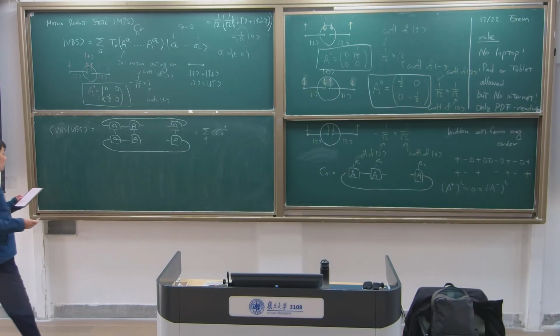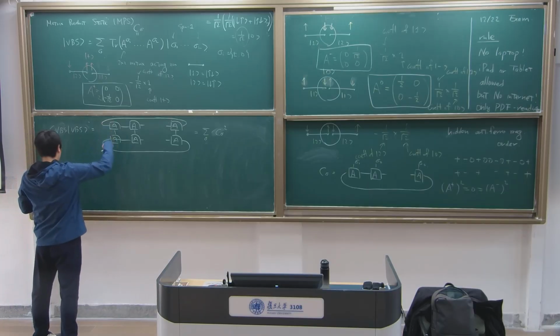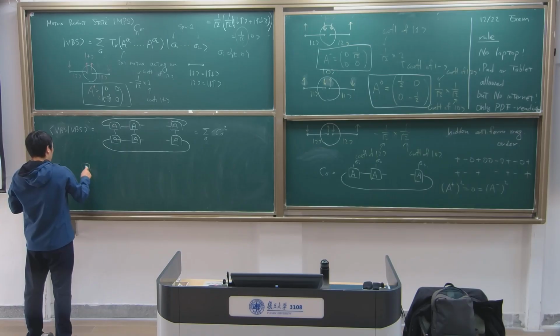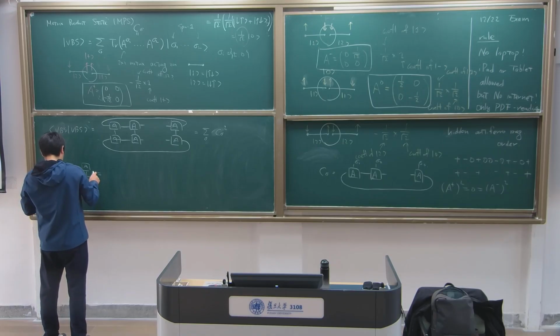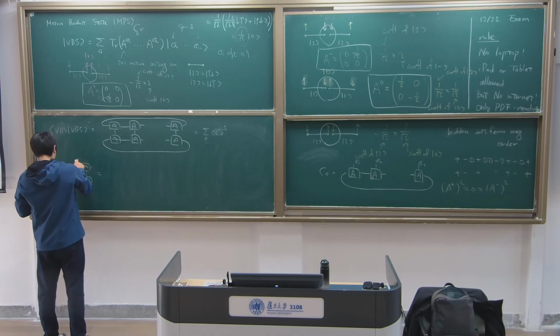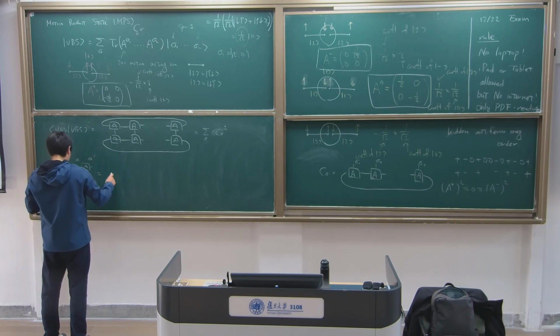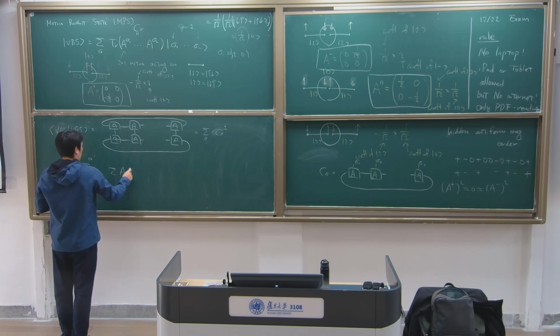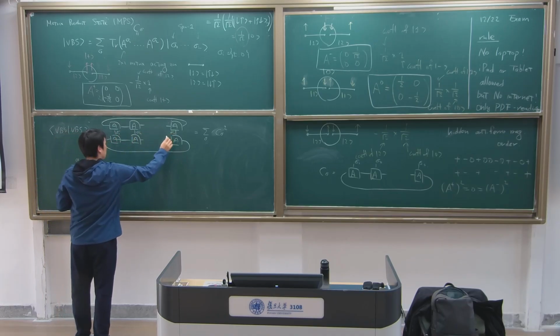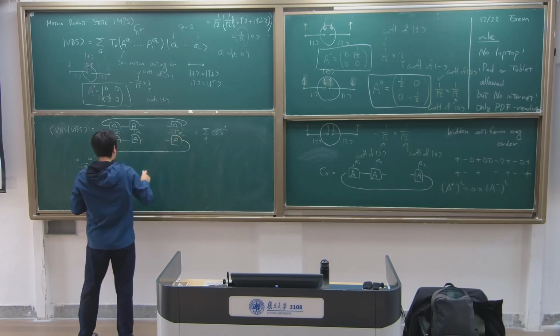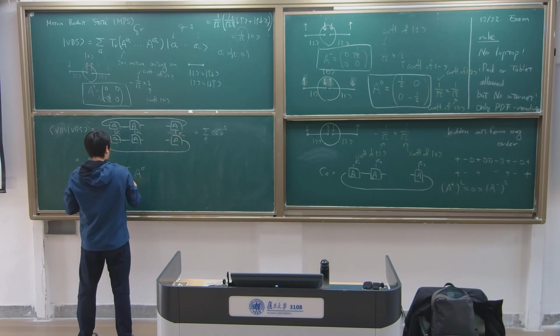To do that, what we need to compute is this one: alpha prime, beta prime, which is a sum over sigma, alpha prime, beta.